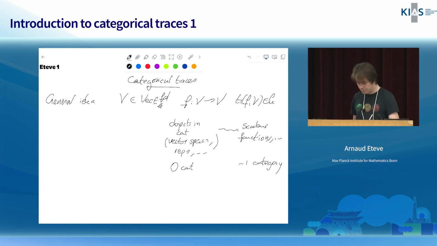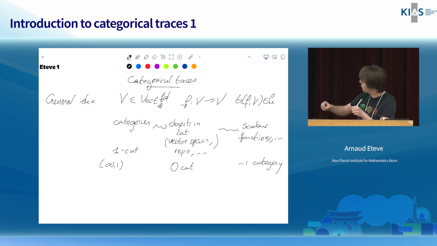And today, we're going to go from categories, which is a 1 category, implicitly infinity 1, down to objects in categories. The first instance of what you want to call a categorical trace is this procedure of going from a category to an object. But the formalism is rather robust and abstract as well.